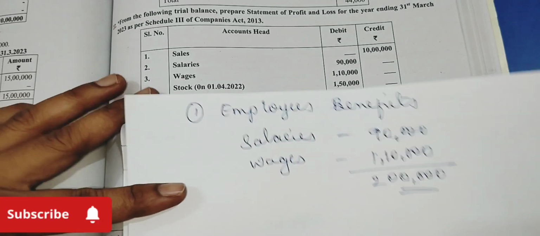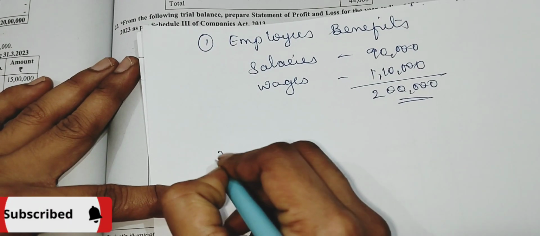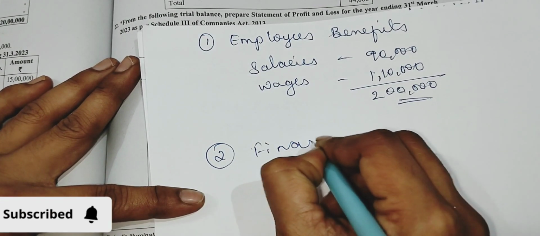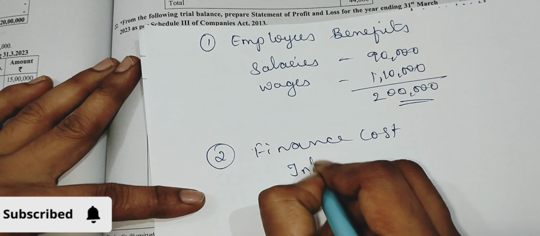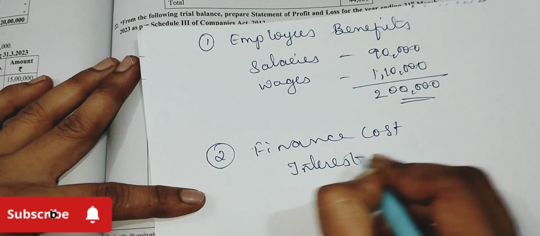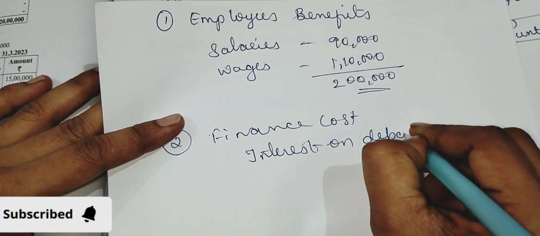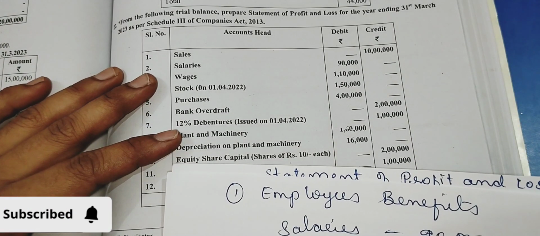After this we have finance cost, debenture interest. Finance cost we are calculating as interest on debentures. How we are calculating interest on debentures? It is 12% debentures.